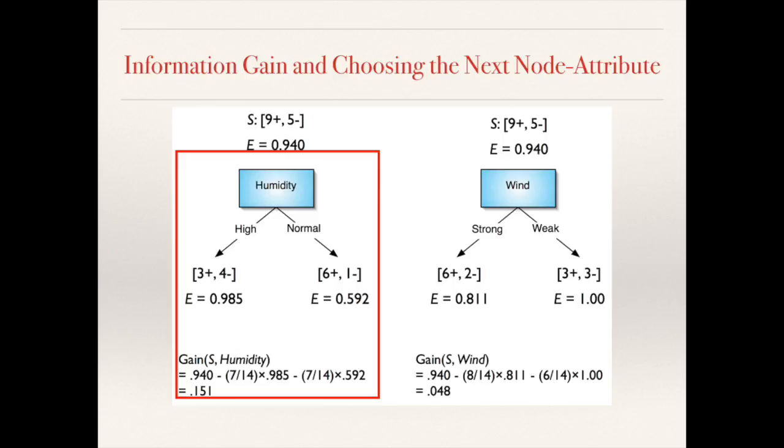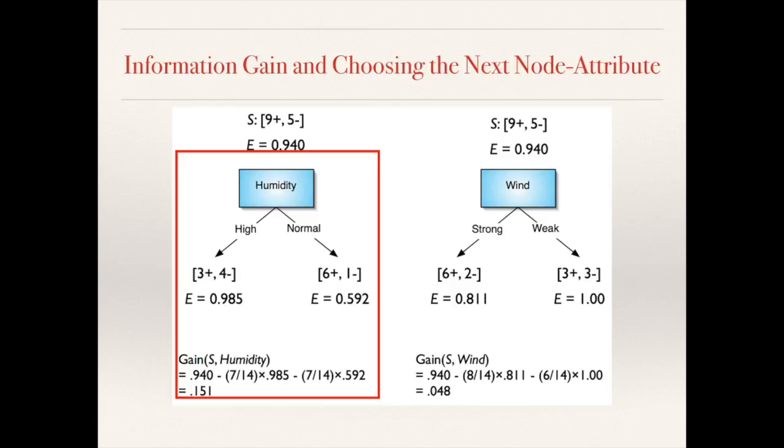After testing the humidity, the two subtrees have their respective entropy determined, and each of them has 7 out of 14 examples. So the weight of each subtree is 0.5.